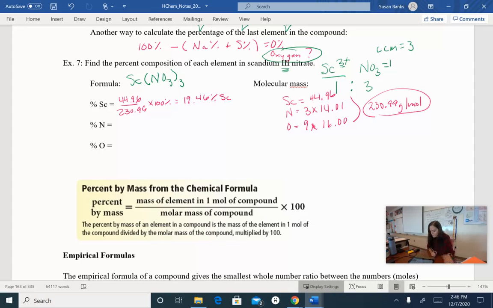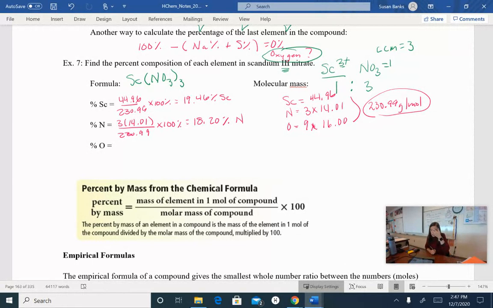Okay? Nitrogen, you should have 3 multiplied by 14.01 divided by 230.99 multiplied by 100%. That gives you a mass percent of 18.20% nitrogen.